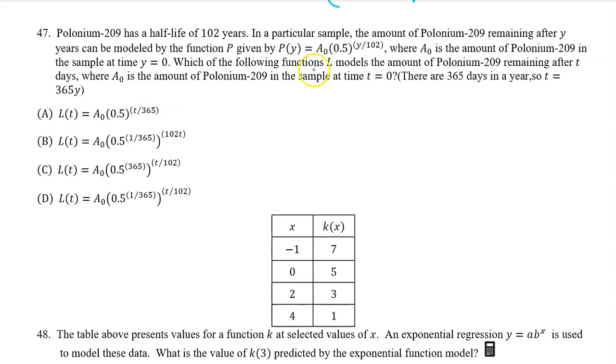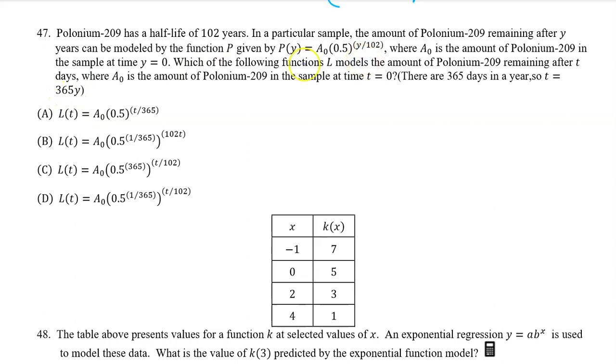Which of the following functions L models the amount of polonium-209 remaining after t days, where a0 is the amount of polonium-209 in the sample at time t equals 0? There are 365 days in a year, so t equals 365y.